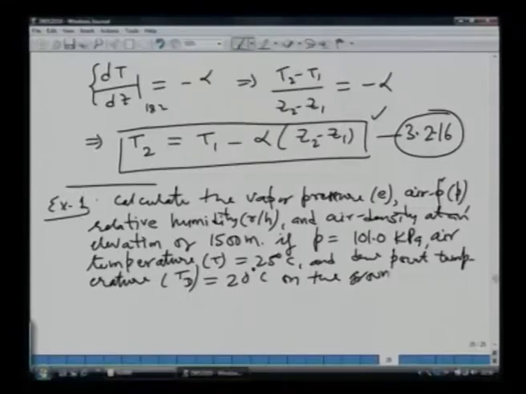Okay. So, the climatic data on the ground are given, and what you have to find is the vapor pressure, the air pressure, relative humidity and the air density at a height of 1.5 kilometers.